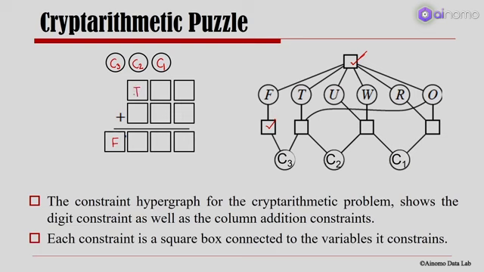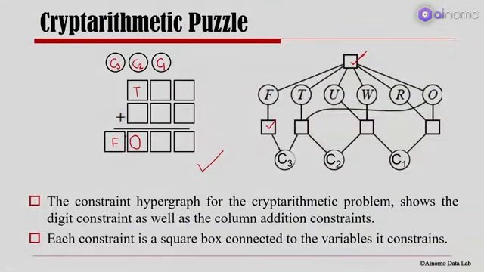Similarly, C2 as well as O here have a constraint. So, T, C2 and O have a constraint, and so on and so forth. So, the constraint hypergraph for the cryptarithmetic problem shows the digit constraints as well as the column addition constraints, and each constraint is a square box connected to the variables it constrains.